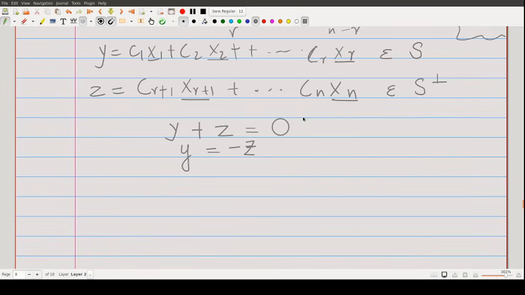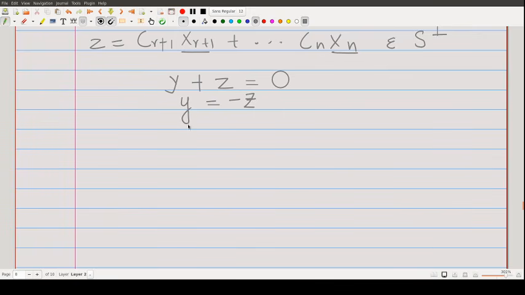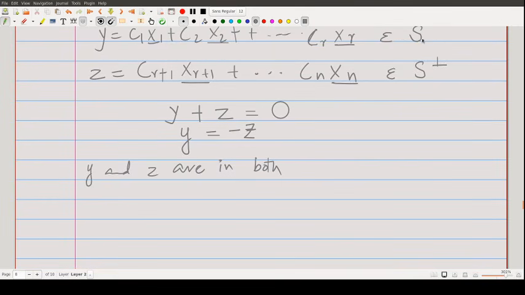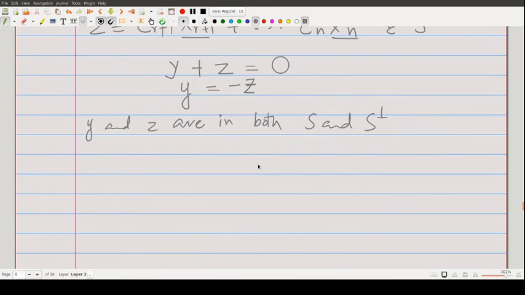Therefore, if both of them are equal, then we have a vector which is in both S and S complement, the orthogonal complement of S, which means that y and z belong to the intersection of these. But we know that that's not possible.